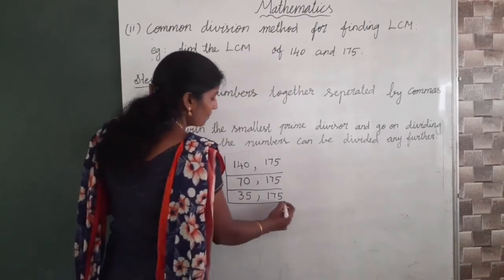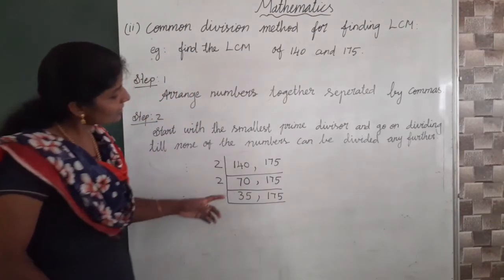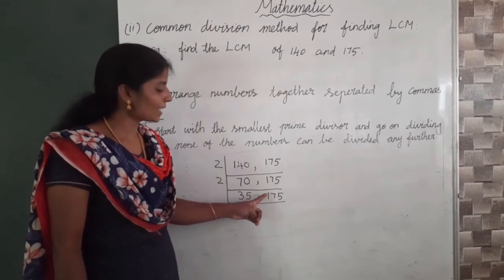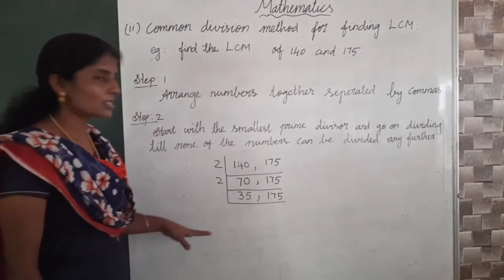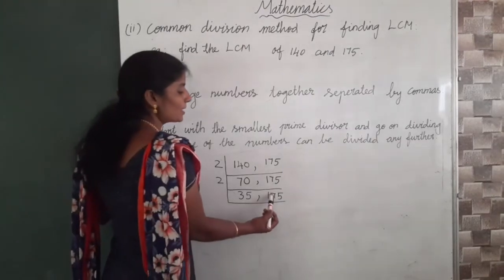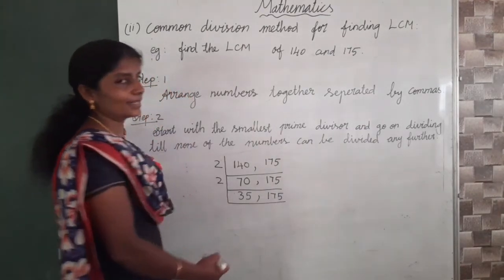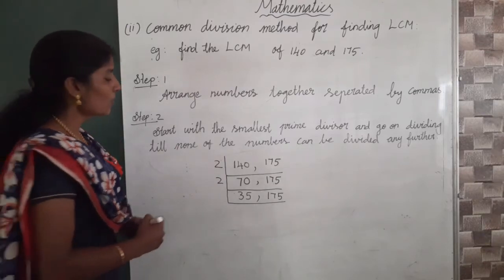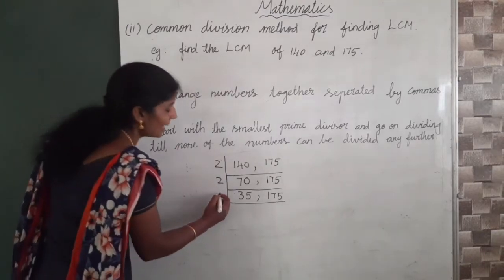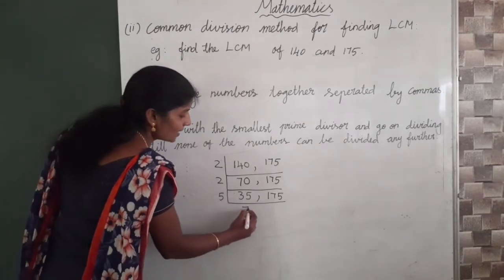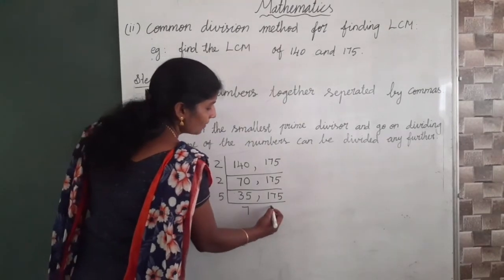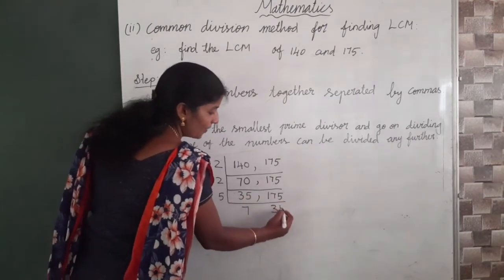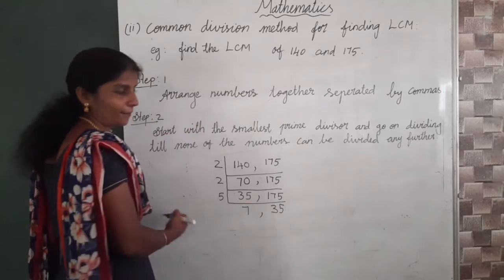This 35 is not in the 3 table, and 175 is also not divisible by 3. 7 plus 1 is 8, 8 plus 5 is 13, and 13 is not divisible by 3. So we can't take 3. So we take the next prime number, that is 5. 7 5s are 35, 3 5s are 15, 2 balance, 25, 5 5s are 25.